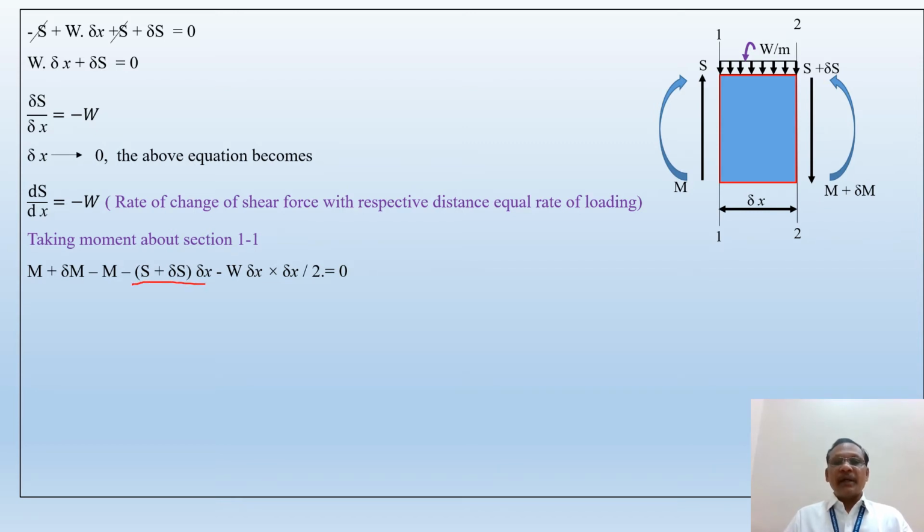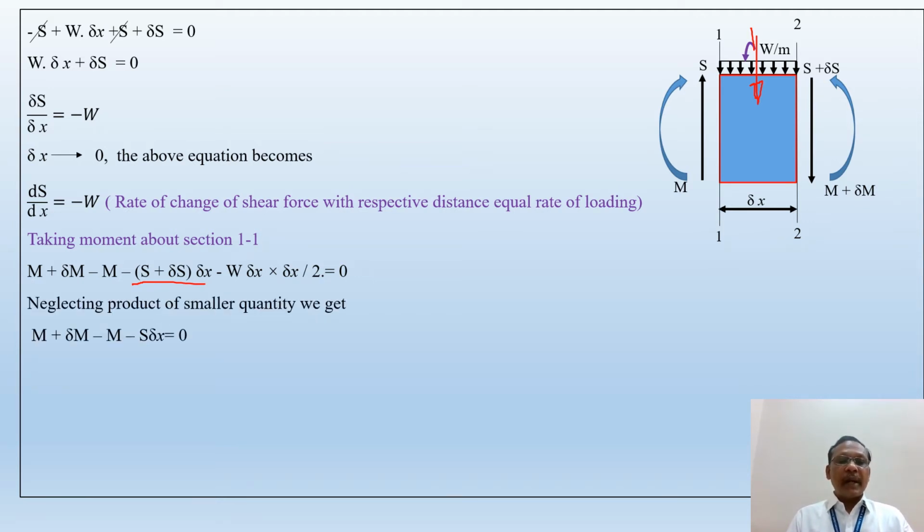And the last one is W into delta X into delta X divided by 2, the bending moment created by this UDL.